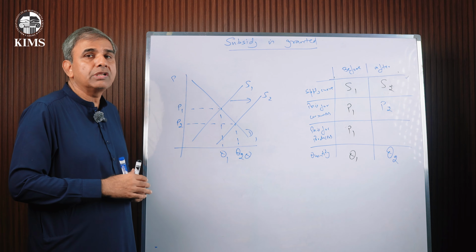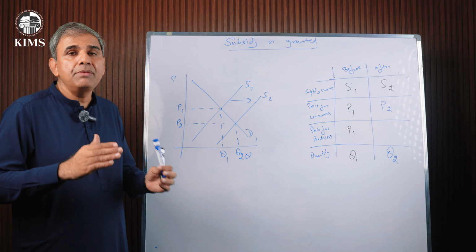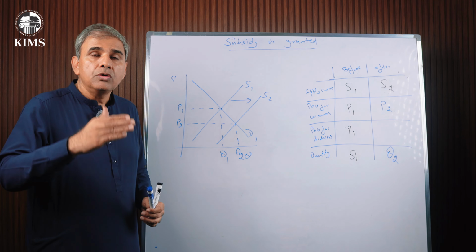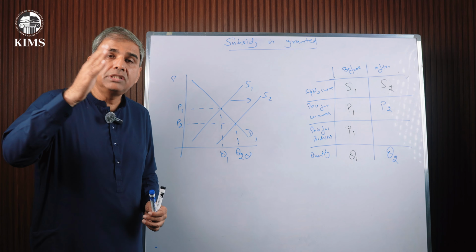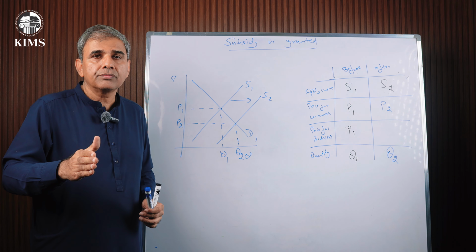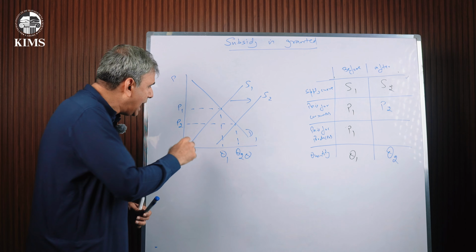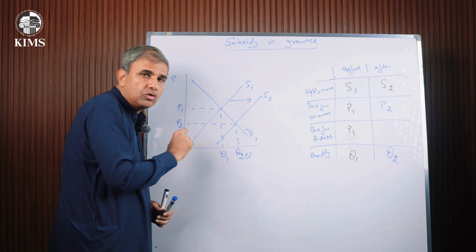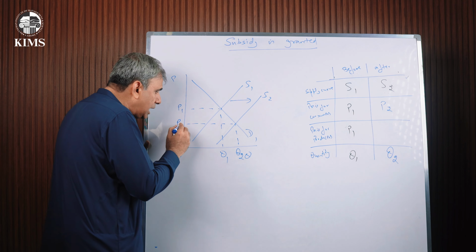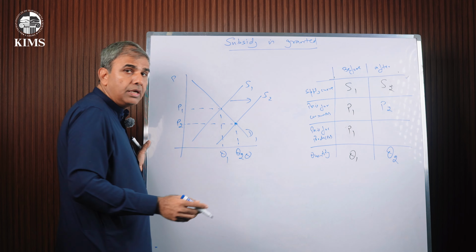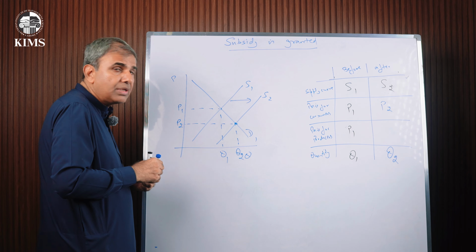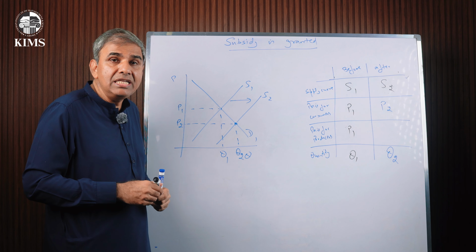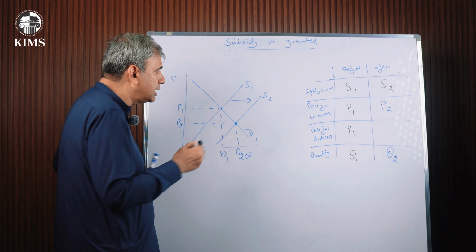Now, what will be the price for the producer? That is the tricky part, and many students miss that. To identify the price received by the producer, you need to add subsidy to the price that is being paid by the consumers. So, price paid by the consumer is P2. We need to add the subsidy, and the subsidy is the vertical distance between two supply curves.